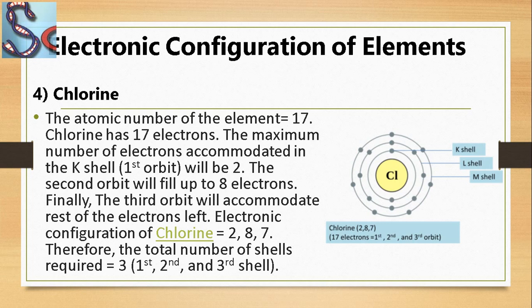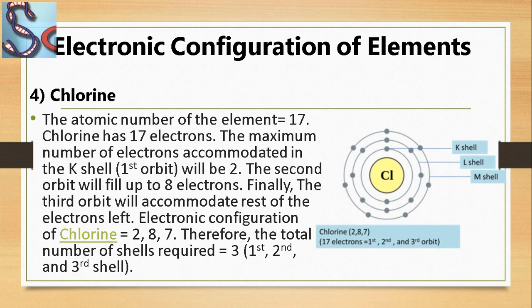Good. 7 electrons are remaining. It means you have to use the third shell. So the third shell will accommodate the remaining 7 electrons because it has a maximum capacity of 18 electrons. So chlorine will be 2, 8, 7. Therefore, the total number of shells required for chlorine is 3 shells. 17 electrons, 3 shells. Okay?